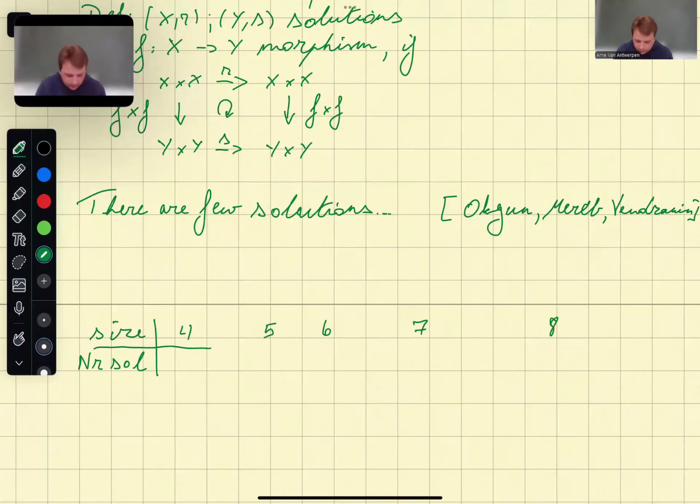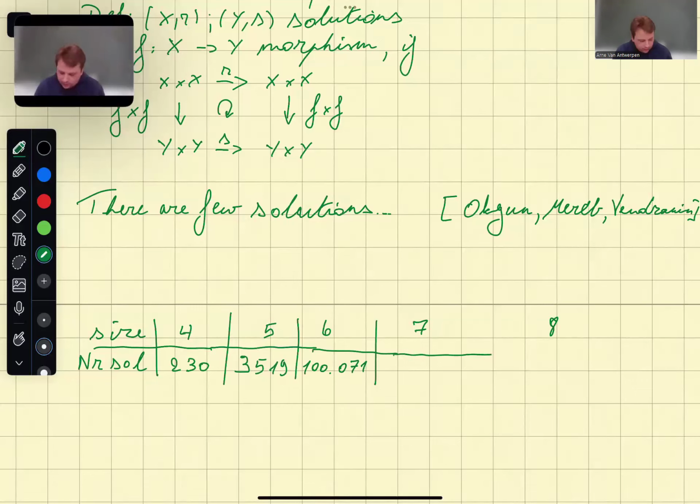For size 4, there are exactly 230 non-isomorphic solutions. Still nice and comprehensible. For 5, there are 3,519 non-isomorphic solutions. For 6, we have 100,071. For size 7, there are 4,602,720.